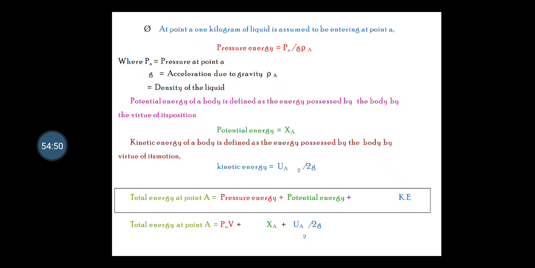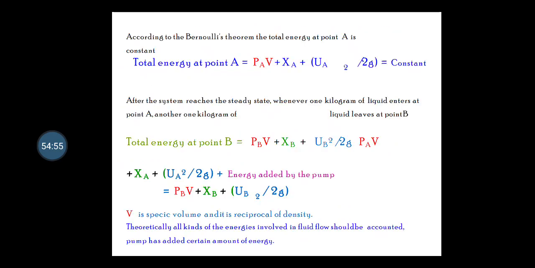Next, according to Bernoulli's theorem, the total energy at point A is constant. So after the system reaches the steady state, whenever 1 kilogram of liquid enters at point A, another 1 kilogram of liquid leaves at point B. Whatever enters in the form of 1 kg automatically goes out from point B of the pipe.